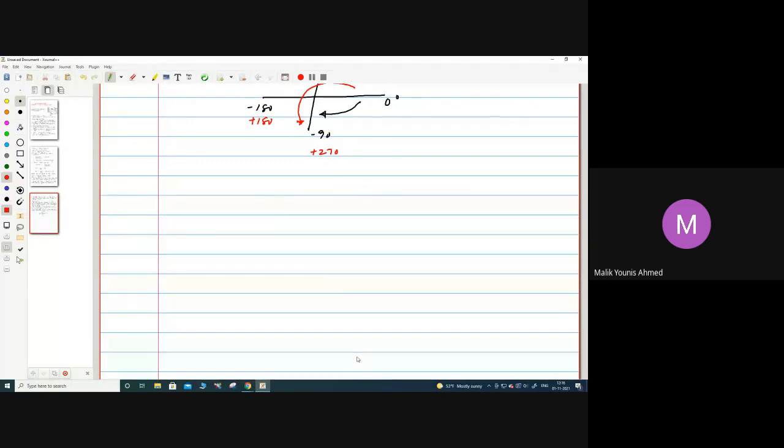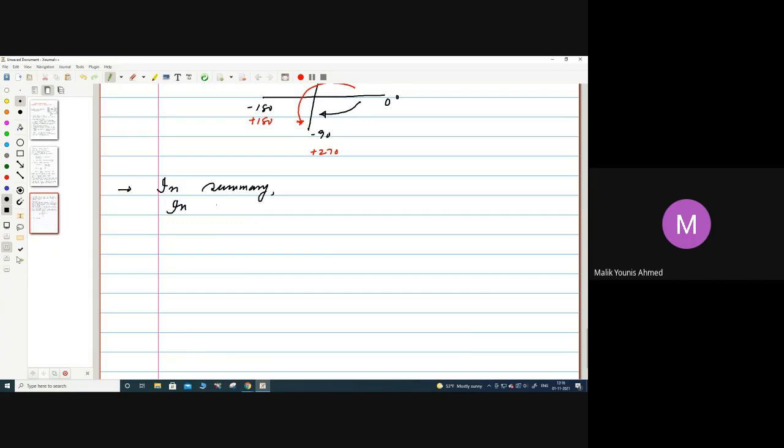In summary, in polar plots, the magnitude of G of jω, H of jω is plotted against the phase angle of G of jω, H of jω, for various values of ω.